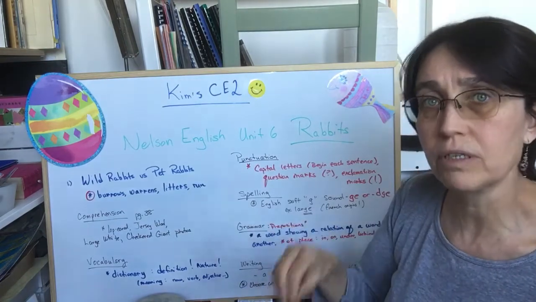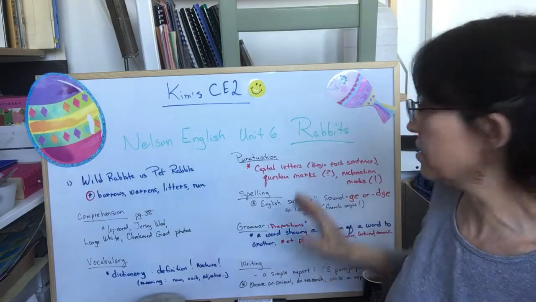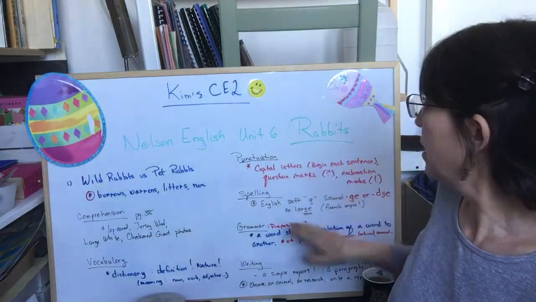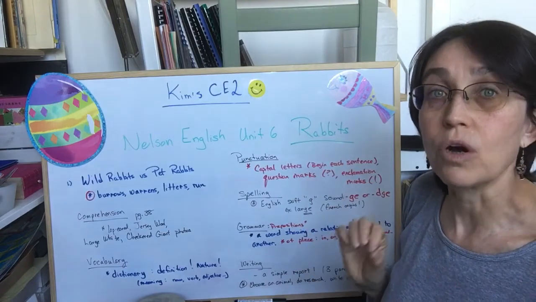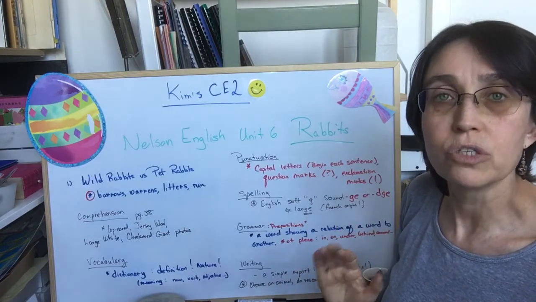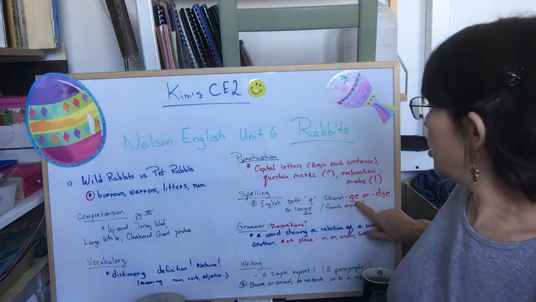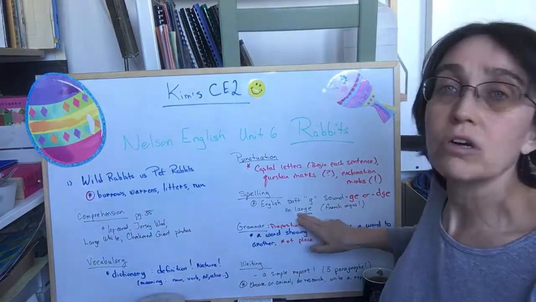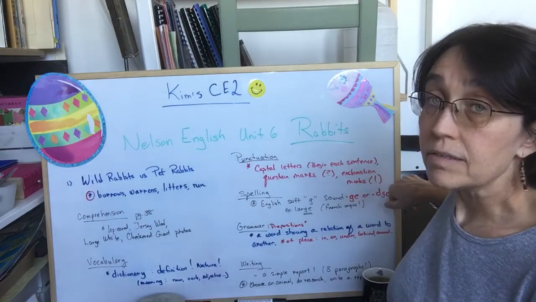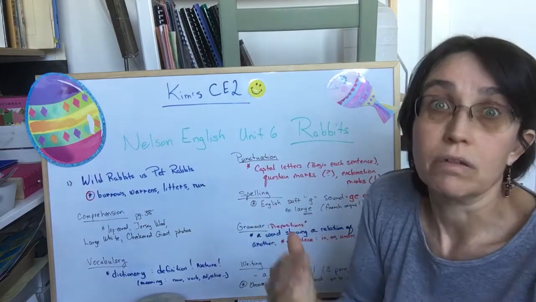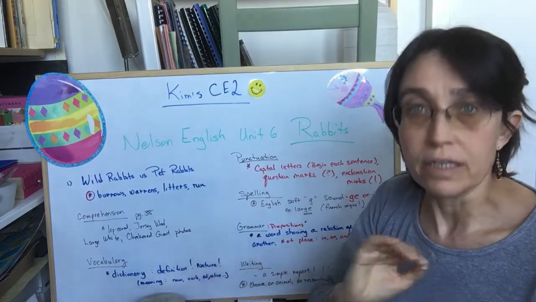In this particular unit 6 on rabbits, they want you to work on the two spellings in English that are always read soft. That is GE, such as in the word large, and DGE. The D is silent, but if you have a DGE, you have the GE, it's a soft sound.